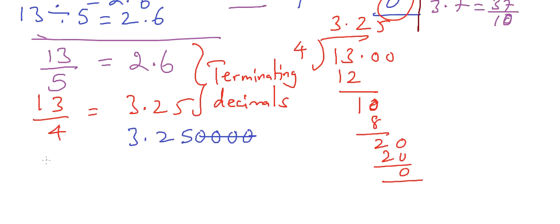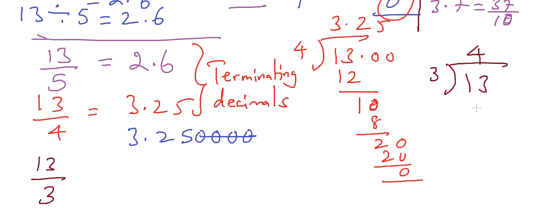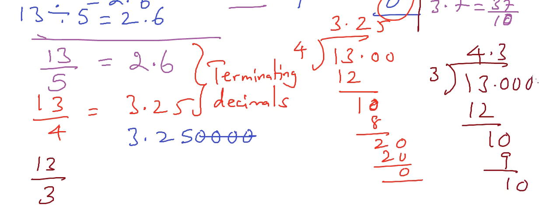So what happens when you divide 13 by 3 now? 4 times 3 is 12, remainder 1, so add 0 and place a point, then 3 times 3 is 9, again remainder 1, add 0. Why we add 0 is because 13 can be written as 13.000 and so on.